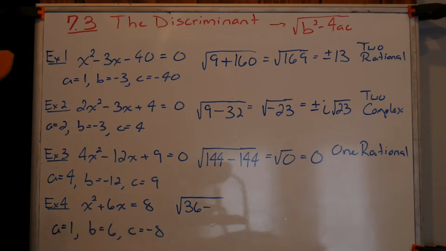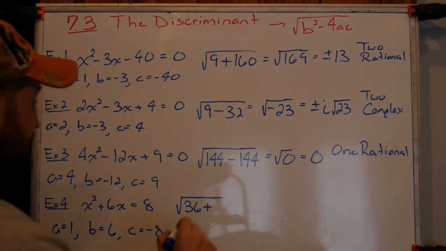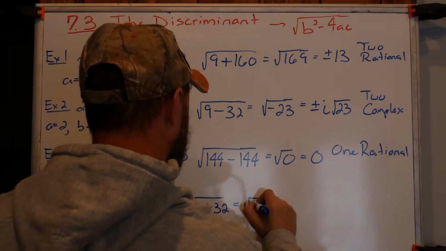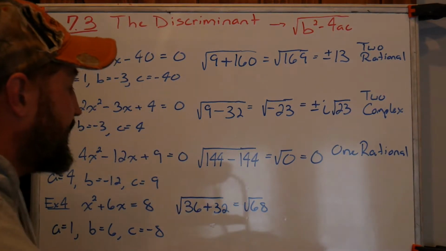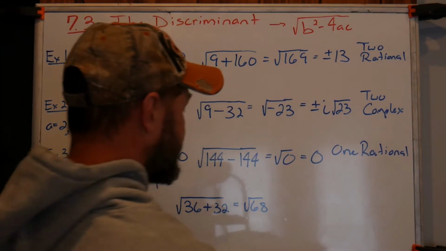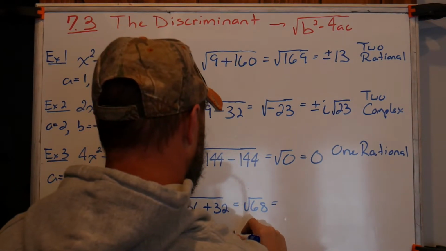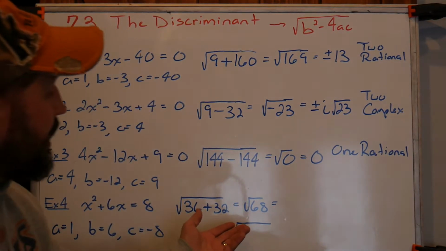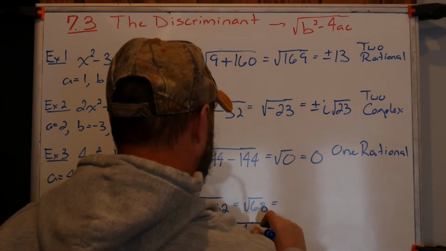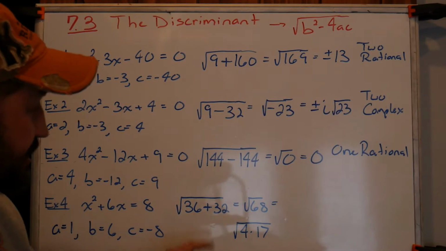Negative 4 times negative 8 gives me a positive 32. Square root of 68. And we don't even have to at this point, but we could break this down. And you know, square root of 68, if we were to divide by 4, we could divide by 4 and bring a 2 out.